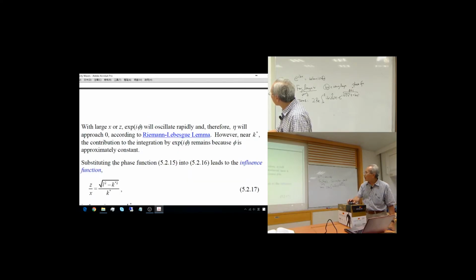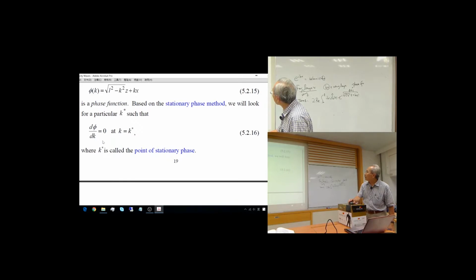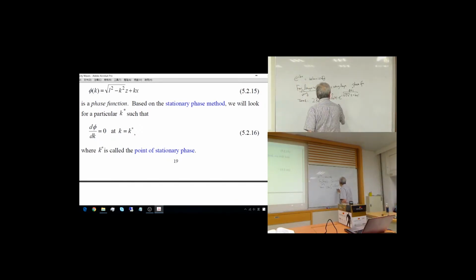Then we have this function. So g over x equals this. When the derivative of phi equals 0, phi is the phase function, square root of L square minus k square times g plus kx.